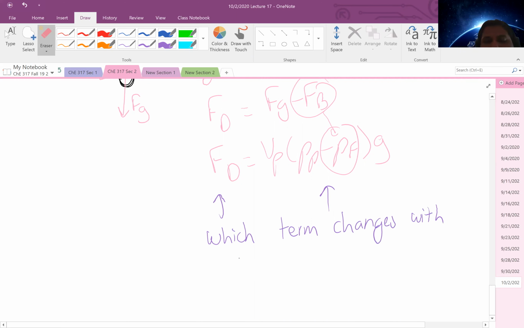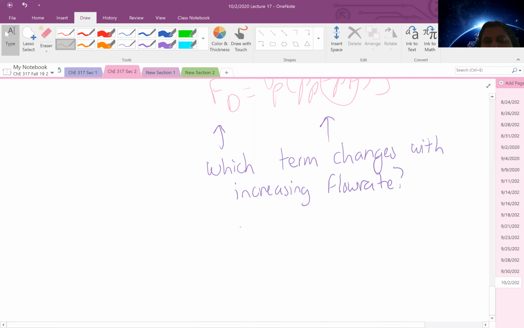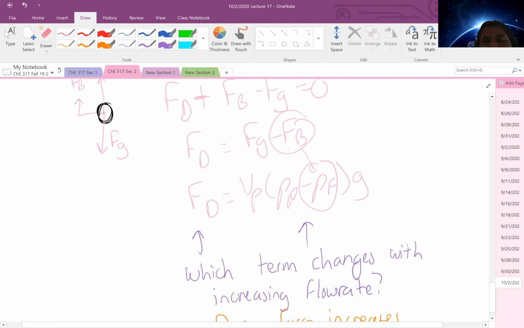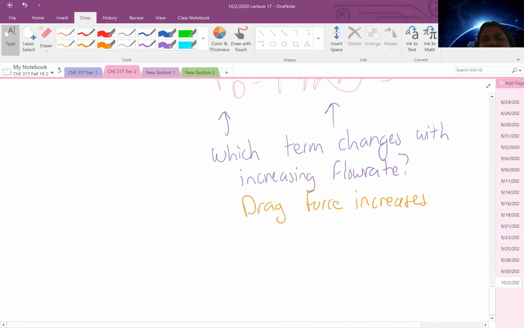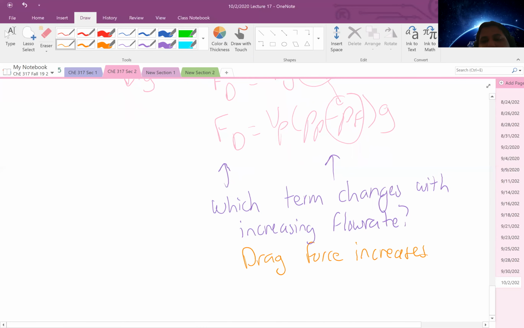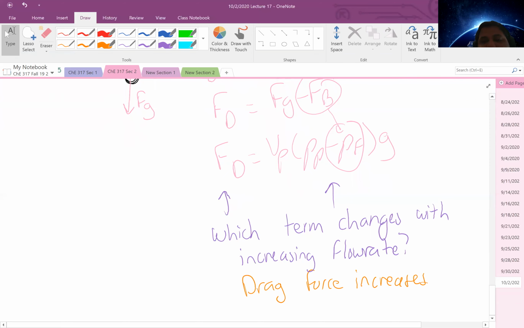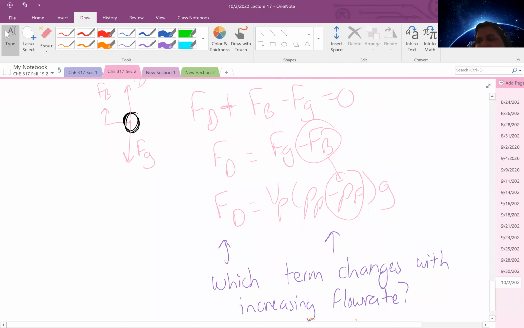All right, so our drag force increases. And so there comes a point when the drag force equals the force due to gravity, or the relative force due to gravity accounting for buoyant force.